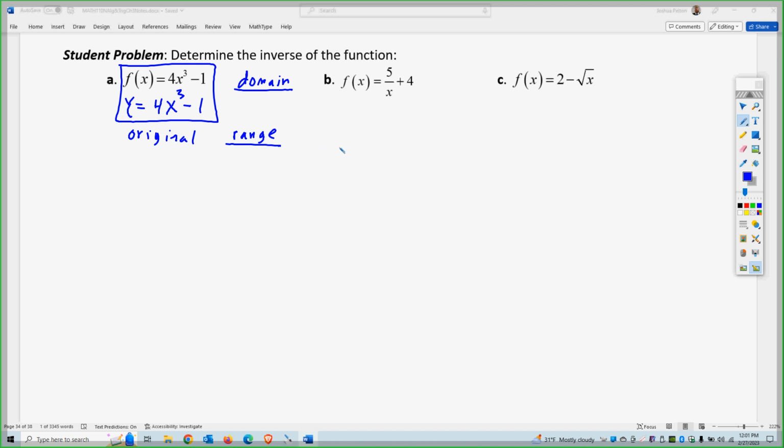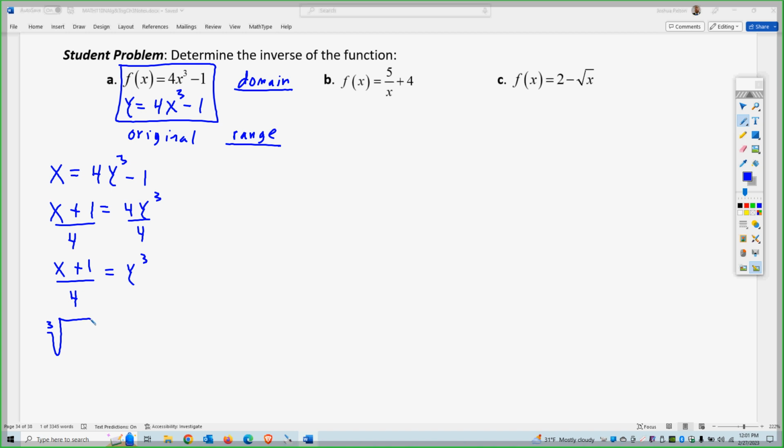So let's see here. x equals 4y to the third minus 1. So add 1 to the other side. So we have x plus 1 equals 4y to the third. Then we'll divide by 4. So x plus 1 over 4 equals y to the third. So now we'll need to do a third root.